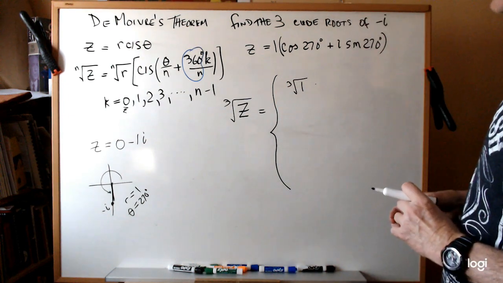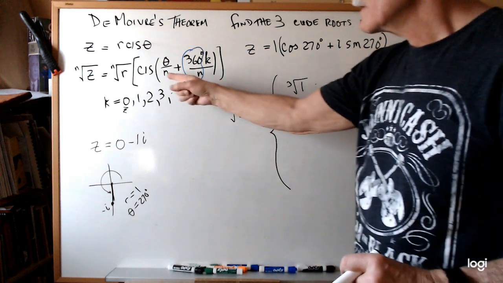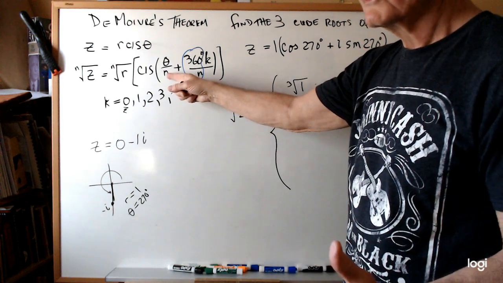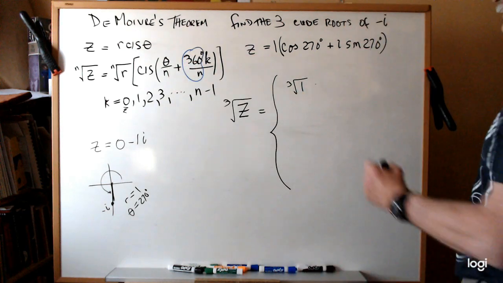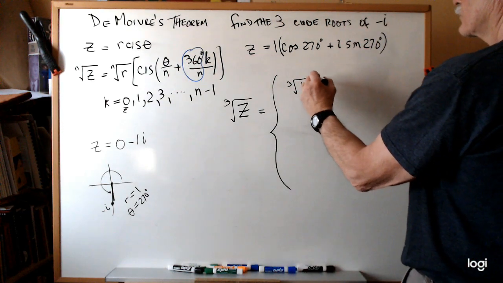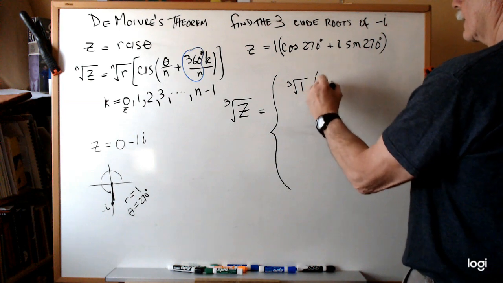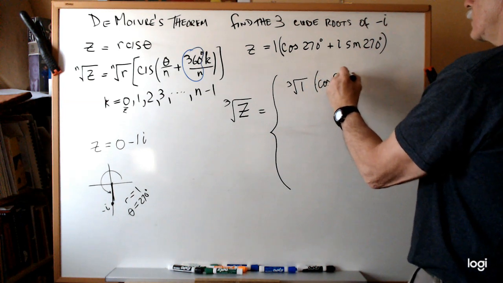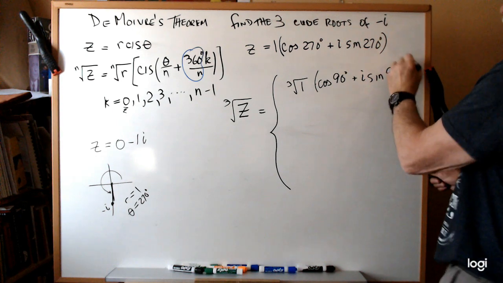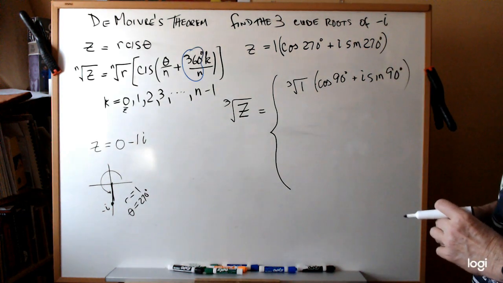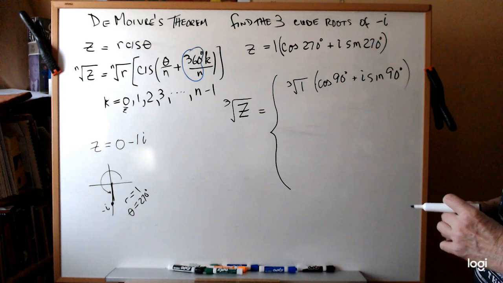Okay, and the rule is you divide by the roots that you're taking. So you take 270 and you divide by 3. So that's going to give us cosine of 90 plus i sine of 90. So this is going to be the first of our complex roots.